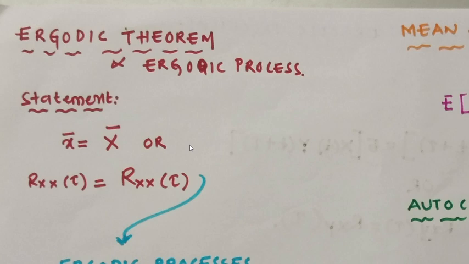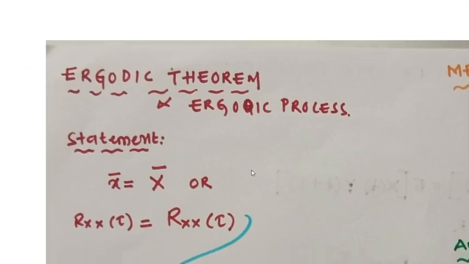This is nothing but a statement of the ergodic theorem. Sometimes we call the ergodic theorem the ergodic process also. A random process that satisfies the ergodic theorem is called an ergodic process. That means if you have the random process x of t, and that x of t satisfies these two statements, then that process is named an ergodic process.